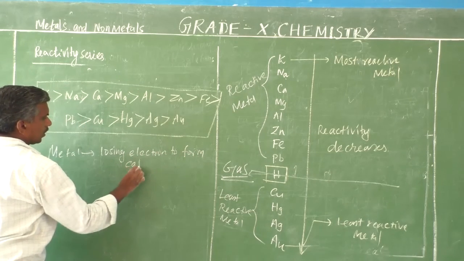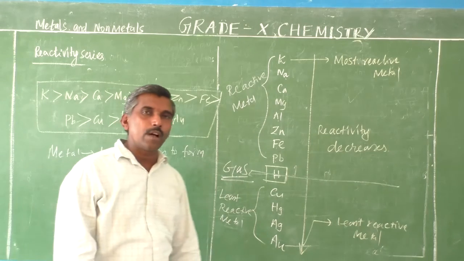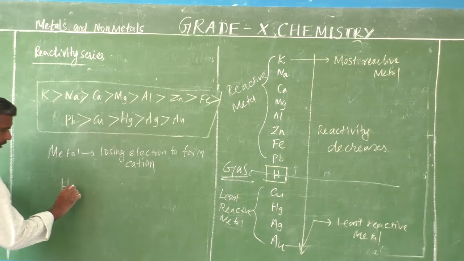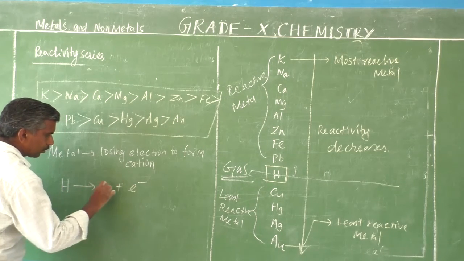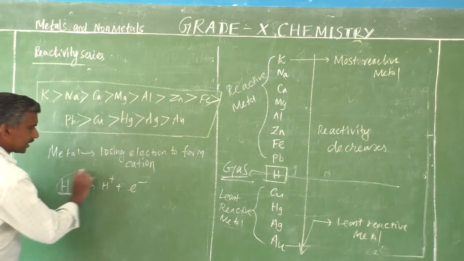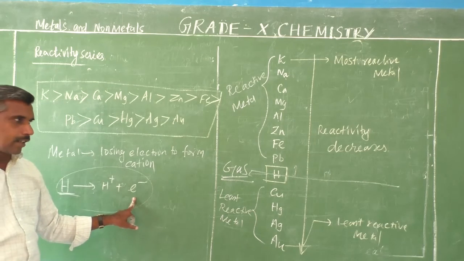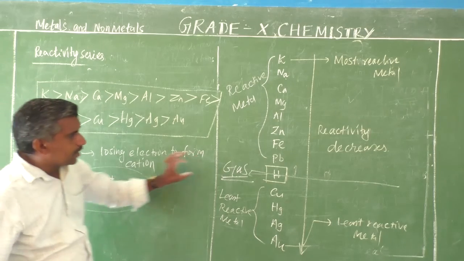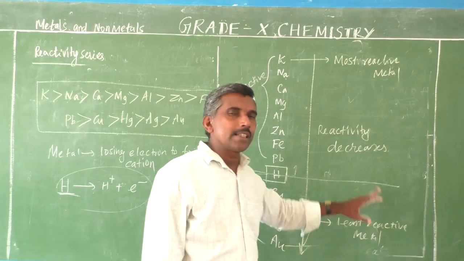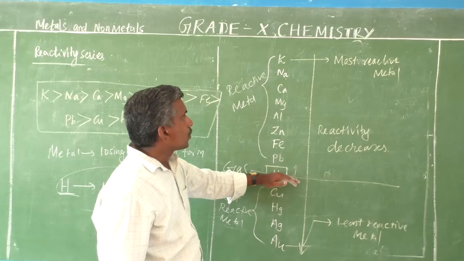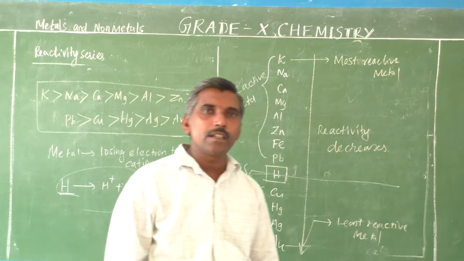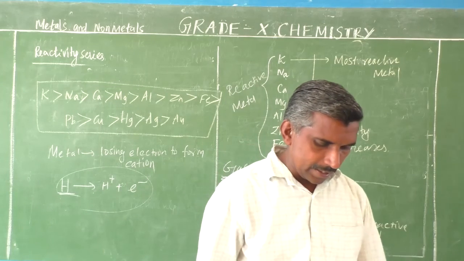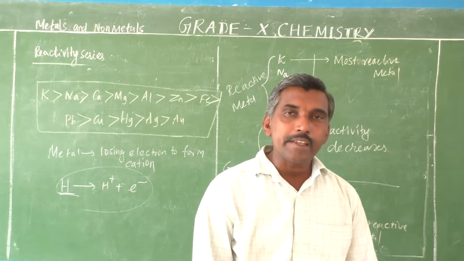Hydrogen also loses an electron to form a cation, so it shows a metallic character, obeying the metal definition. So hydrogen is the border. Above hydrogen are highly reactive metals; below hydrogen are the least reactive metals. This is the reactivity series.